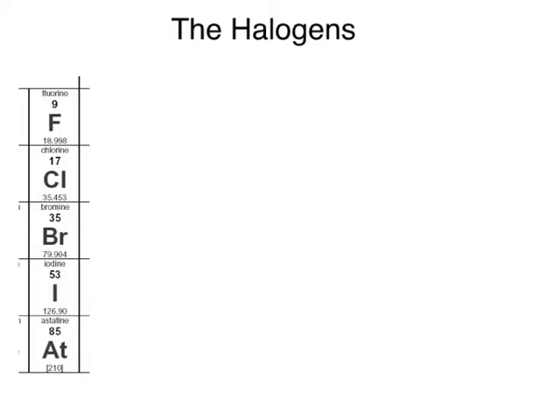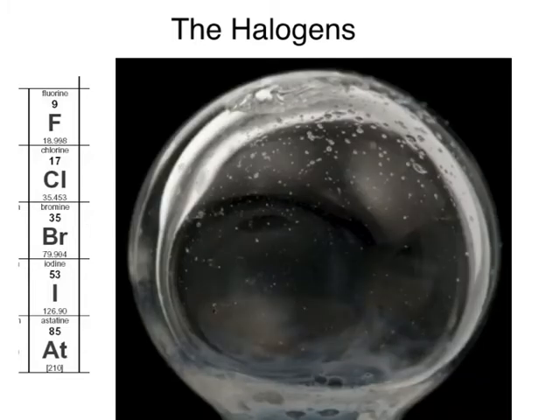Now we'll start with fluorine. Fluorine is a very, very pale yellowy green gas, so you can see it just about within here. It is very pale and it is very volatile as well, so it is a gas.